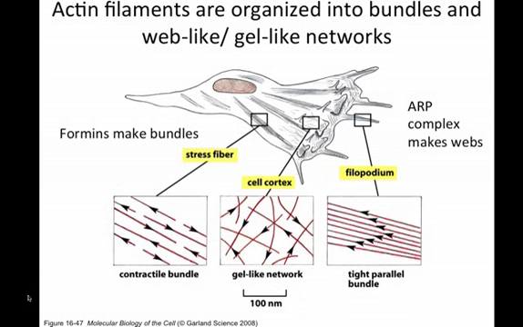I take that back. But the Arp2/3 complex makes webs, this gel-like network, which is more associated with the leading edge of the cell and movement forward. So when you think about the contractile ring, you should be thinking formins. And when you think about the leading edge of the cell, you should be thinking Arp2/3.